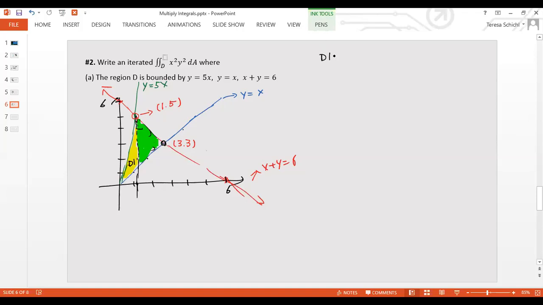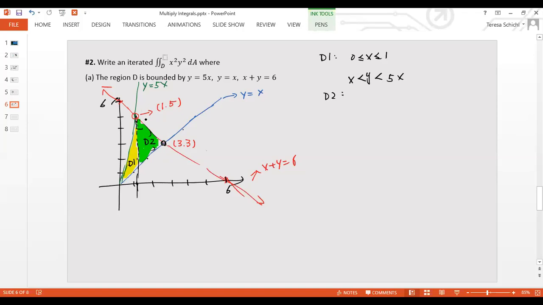So for the D1 region here, Y is a variable. X is from 0 to 1. Now what is Y? Y is from this blue line to the green line, so Y is from X to 5X. Then this green one, I call region 2. So D2 is here.